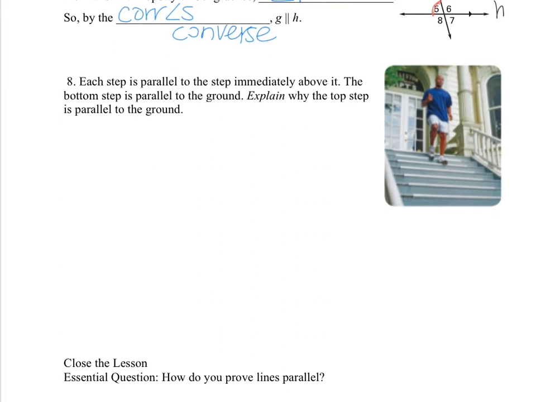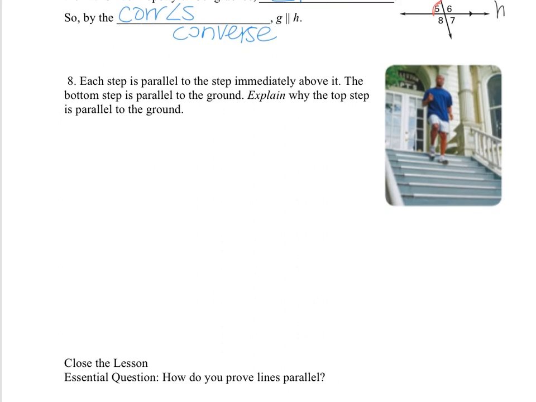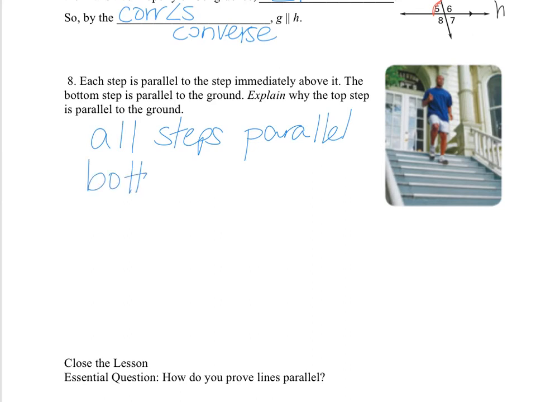And this number 8 is going to be very similar to what we wrote about the flag. We know all steps are parallel. The bottom step is parallel to the ground.